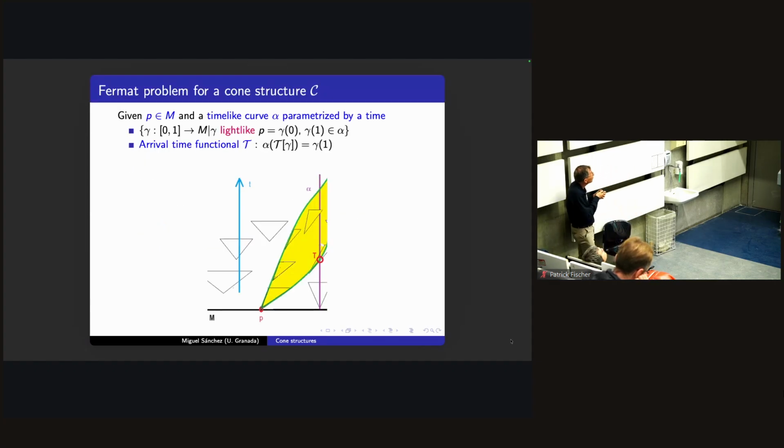The Fermat problem for a cone structure is as follows. Assume that we have a cone structure, we have a point, we have a timelike curve, perhaps with a time, and this is parameterized with a time. We can consider, for curves starting at the point, the arrival time functional at the curve, okay? Just measuring the time which parameterizes the timelike curve at this point, okay?